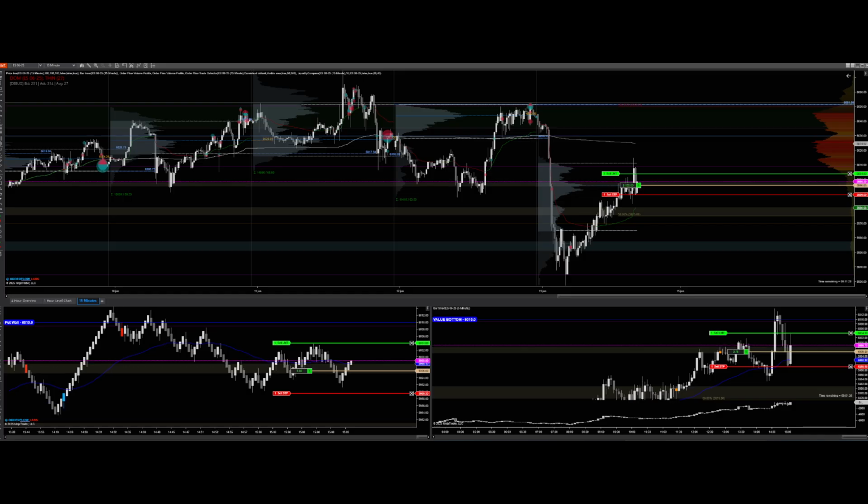Struggling to get past this guy, so I'm moving my stop to break even. Just 1 point in green.